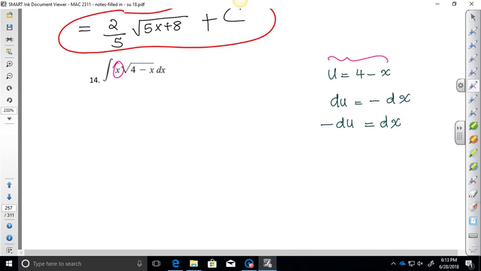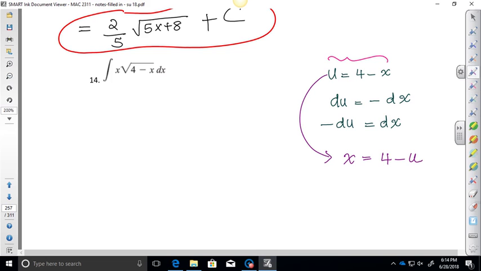I don't think I'm going to put this on the test, but you have this on my MyMathLab. So what is x from here? 4 minus u. That extra x shouldn't be there in our usual substitution, so we have to solve for it in terms of u, which is 4 minus u.